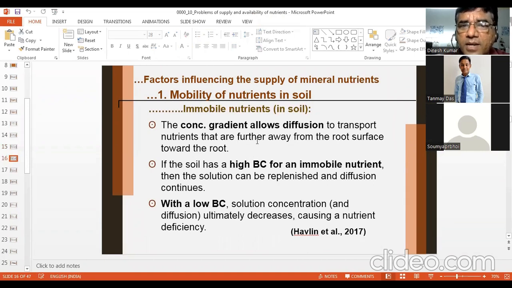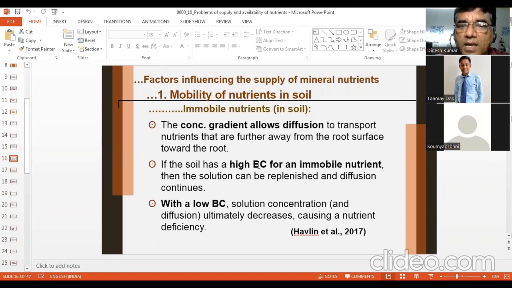The concentration gradient allows diffusion to transport nutrients that are further away from the root surface toward the root. So they will move from higher concentration to lower concentration by diffusion, but their movement will be very slow.